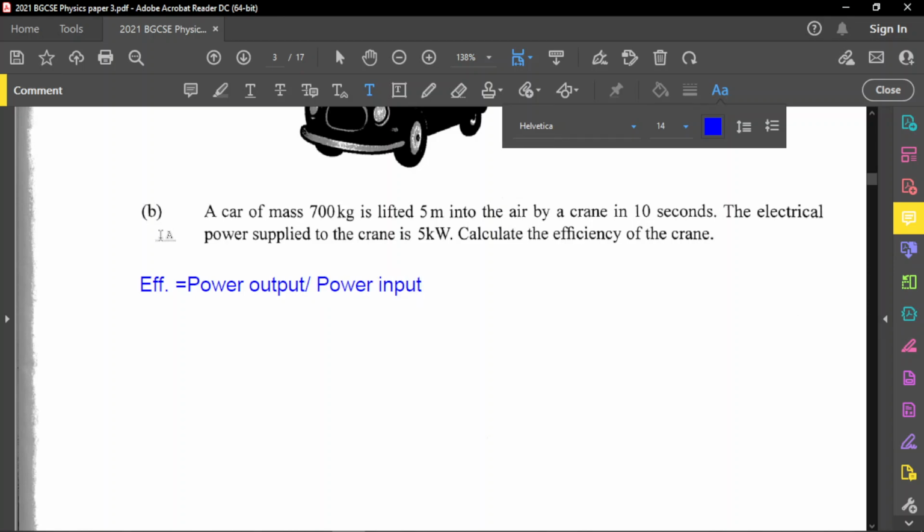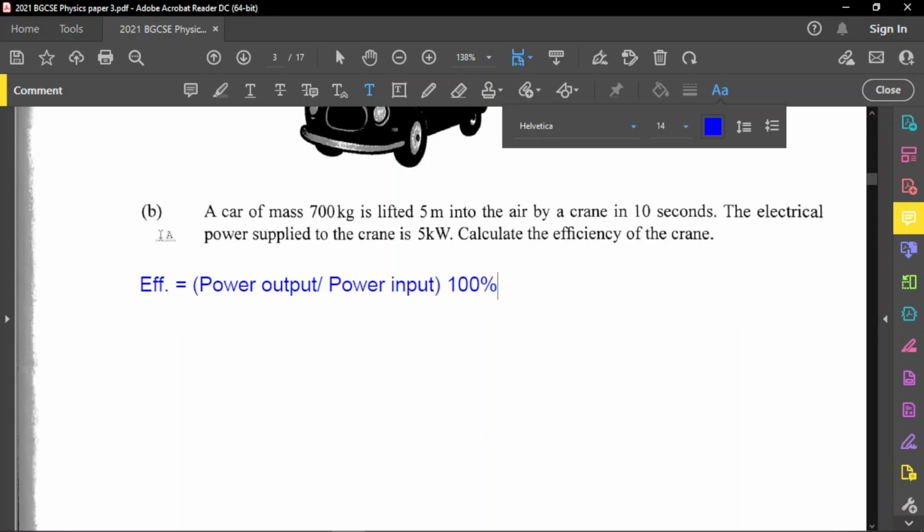You can also look at the formula sheet for the appropriate formulas as well. And all of this will be multiplied by 100%.